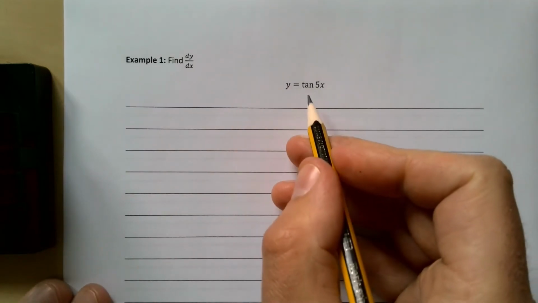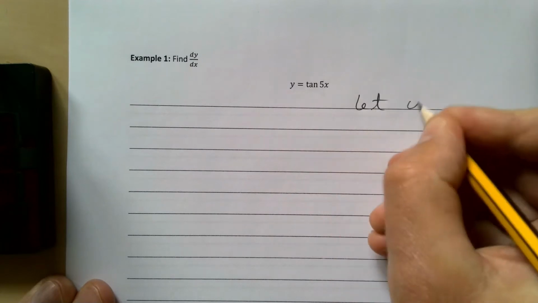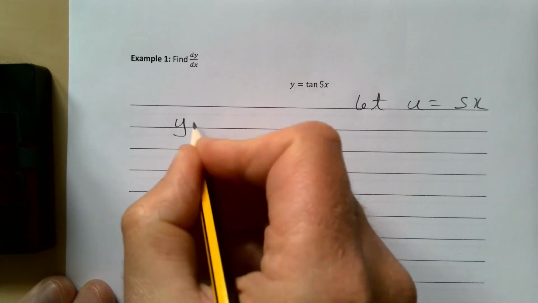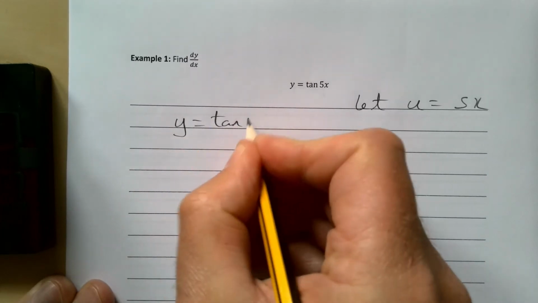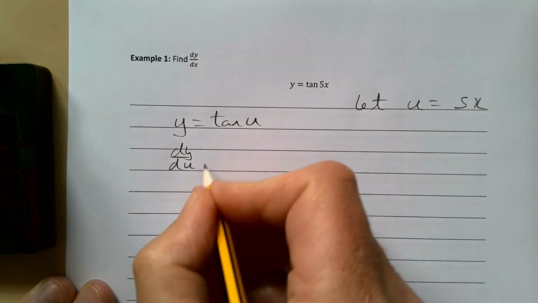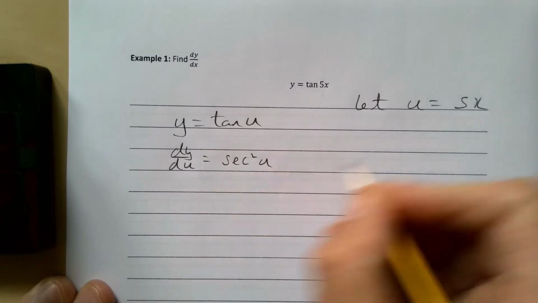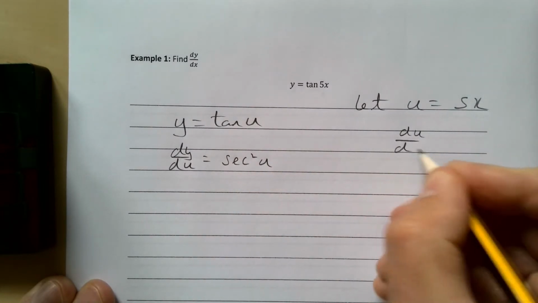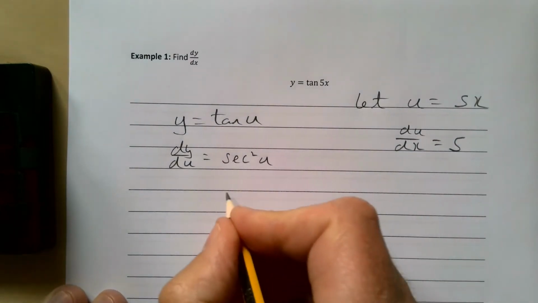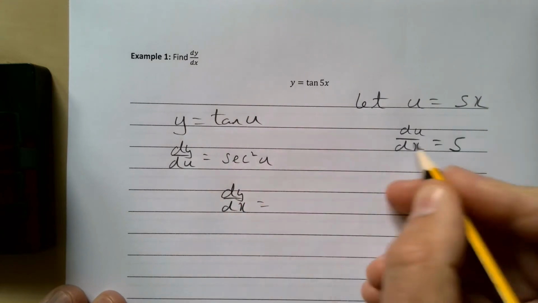So y equals tan 5x. I'm going to let u equal to 5x. That means y is tan u. dy by du, we just did it in the previous page, is going to be sec squared u. du by dx is going to be 5. dy by dx is dy by du times du by dx.